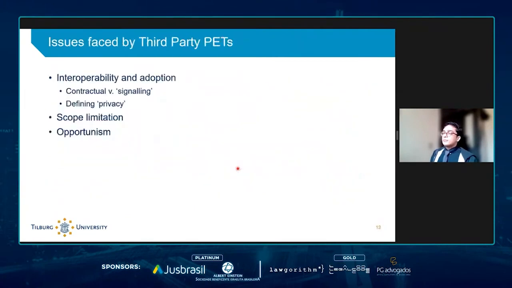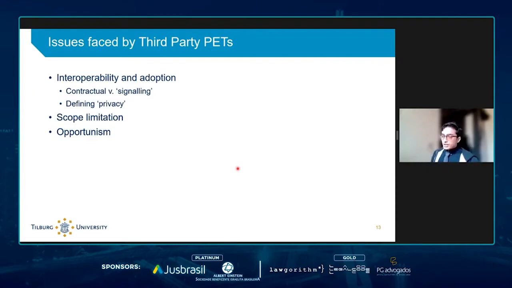And that brings us to the issues faced by third-party privacy enhancing tools. The first set of issues they face are interoperability and adoption. This is what we saw with P3P, with DNT, and with Consentomatic. The tool needs to be adopted by the users themselves, but a lot of PETs don't end up being adopted.